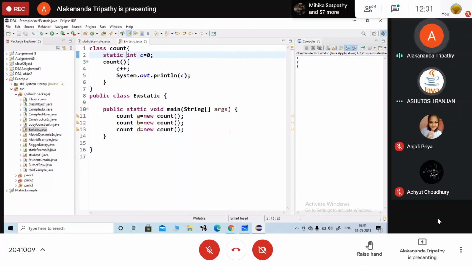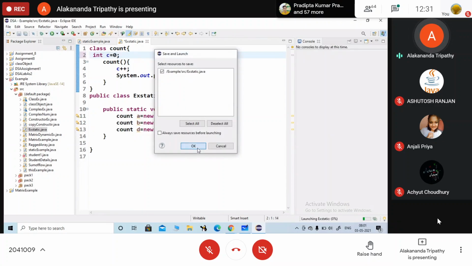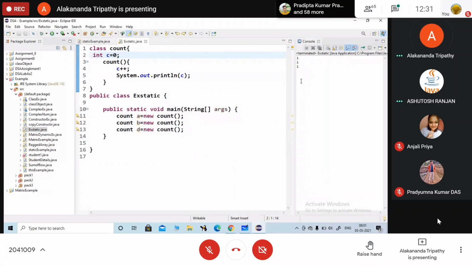In the previous case, count क्या हो रहा था? C. In the previous case, if I am not using the keyword static, then C is the variable of the object. Every object के लिए अलग अलग से अपडेट हो रहा है.